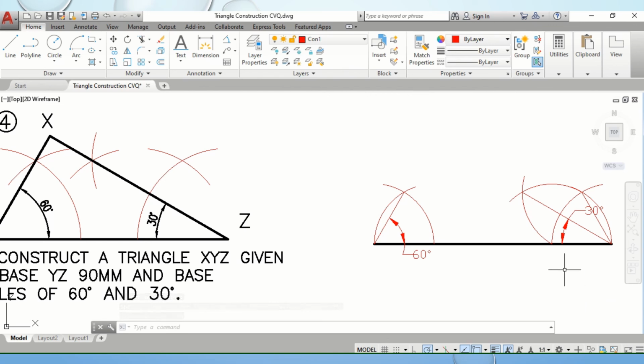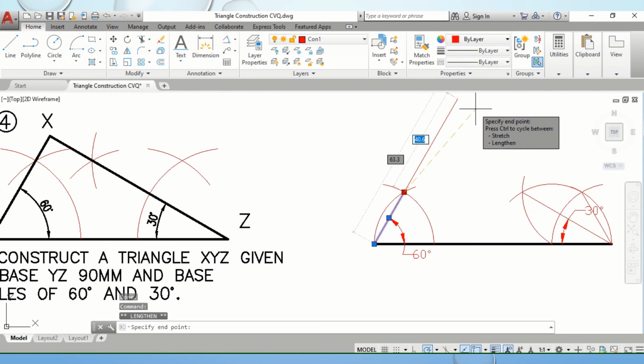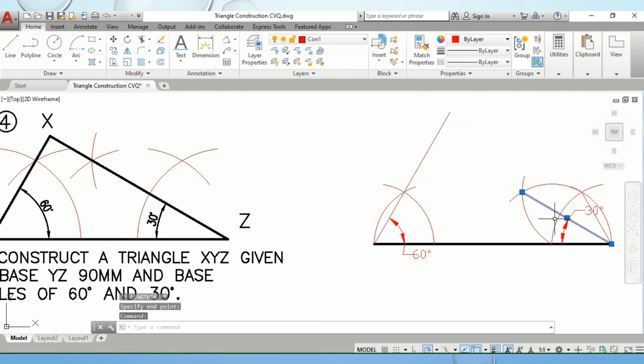All right, but we're not seeing our triangle just yet. What we need to do is lengthen our lines for our angle until they intersect.